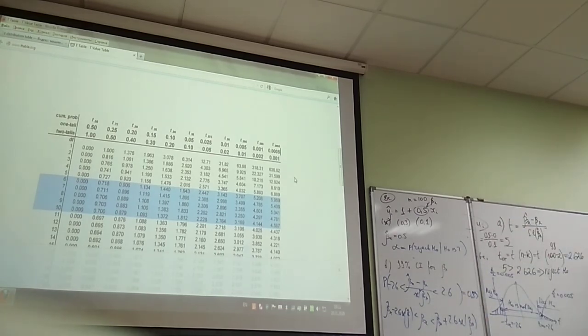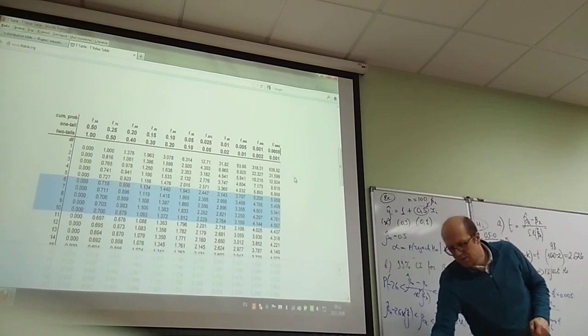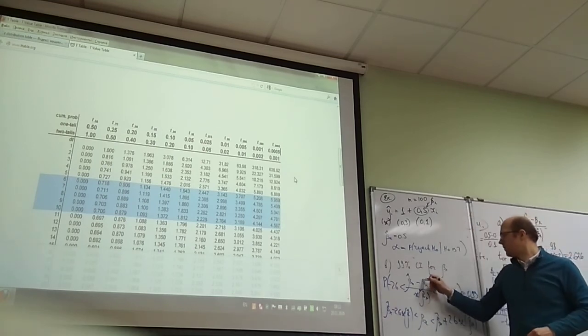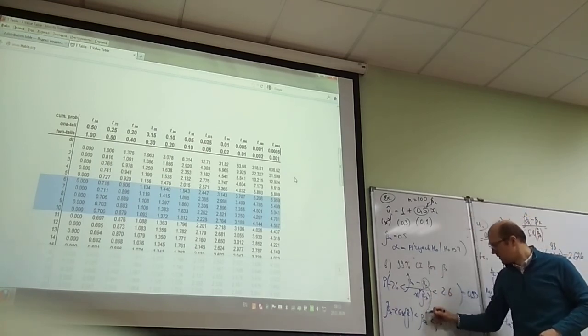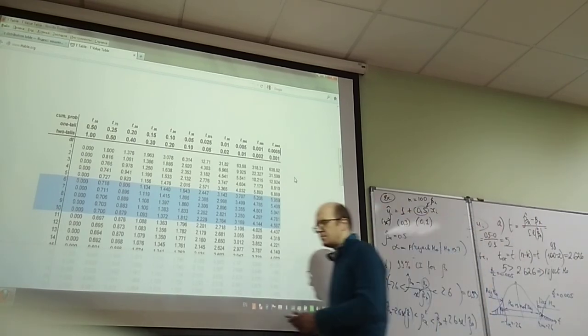So from this double inequality, I extract beta x, and I also have a double inequality: left side of the double inequality, right side of the double inequality.